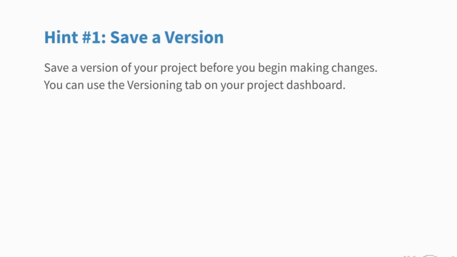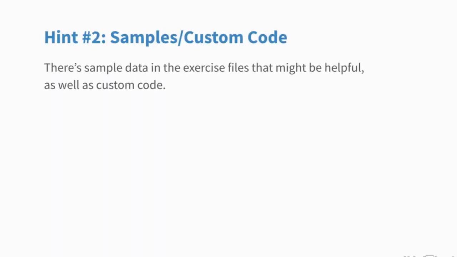We haven't talked about this, but on the left panel of Edge Impulse is a tab labeled Versioning. It's a great idea to follow the instructions and save a version of your project before making big changes, just in case you want to get back to the beginning. The next hint is you can look in the exercise files for keyword data that might help, and also for custom code.